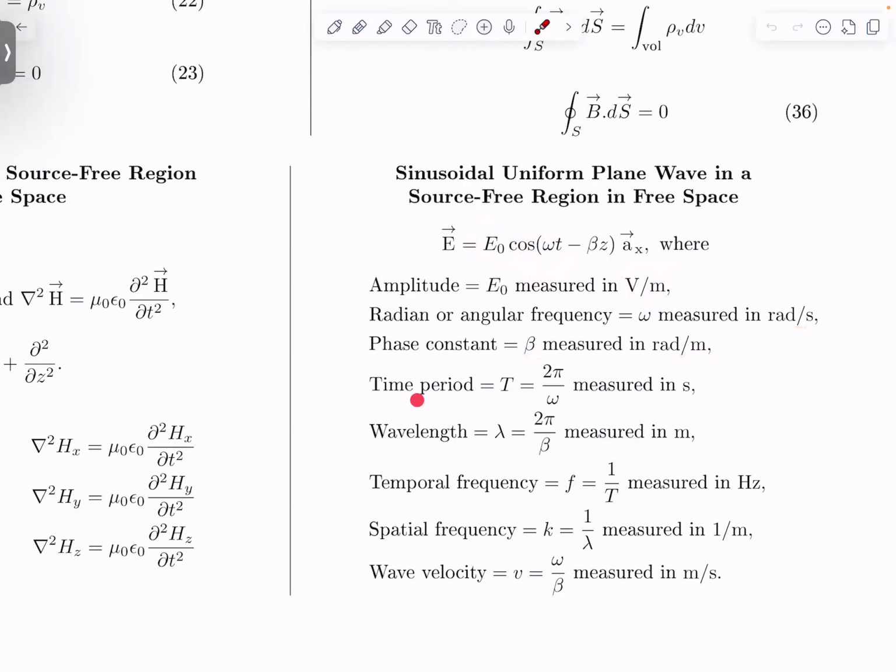Let's say omega is pi by 2, and beta is pi. If we draw this waveform, let's first do it for t equals 0. It's a sinusoidal function of z.